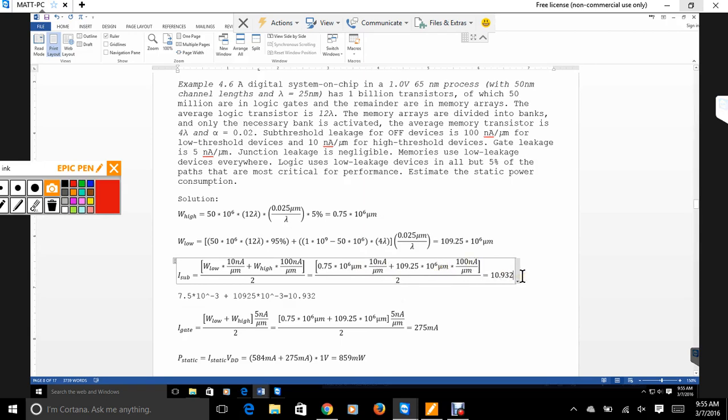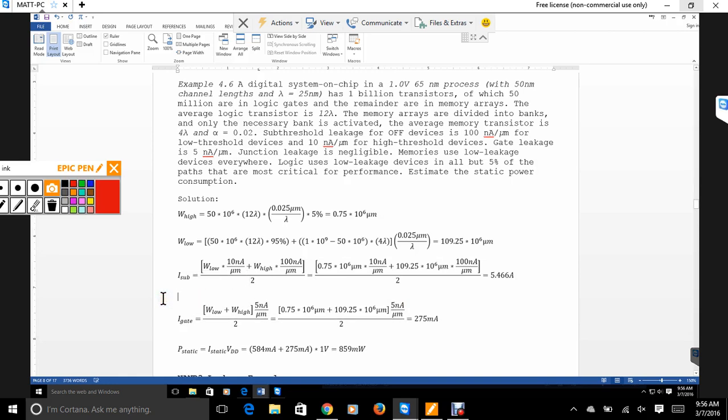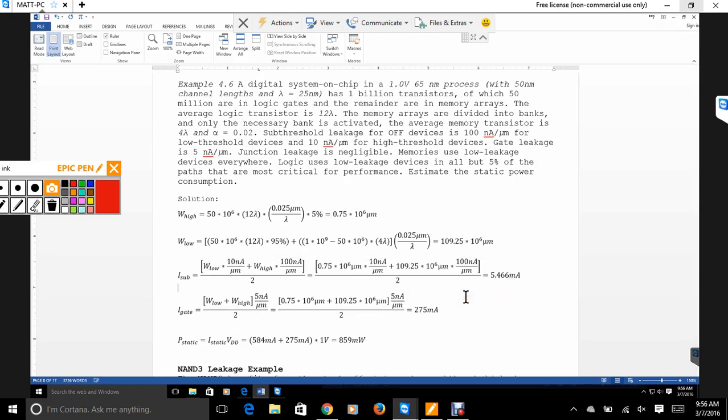This is just, oh, and this should be divided by 2. 0.466. Oh, milliamperes, it's 10 to the negative 3. Okay. Make sense?